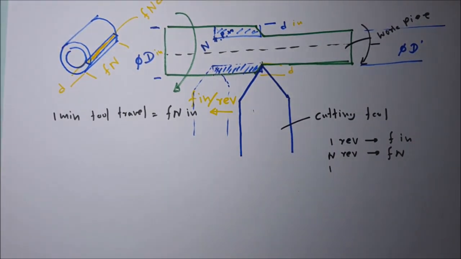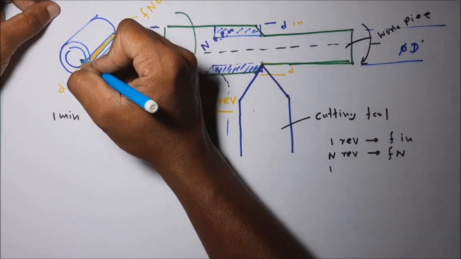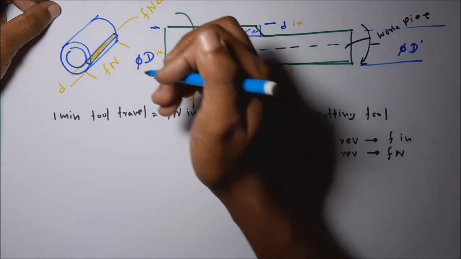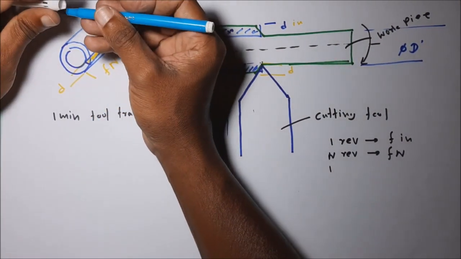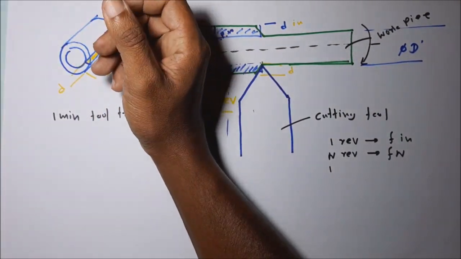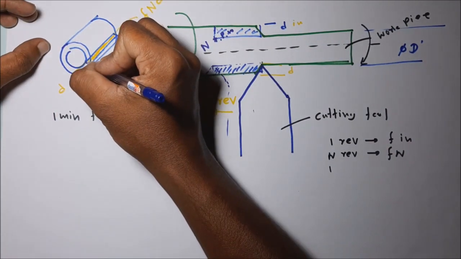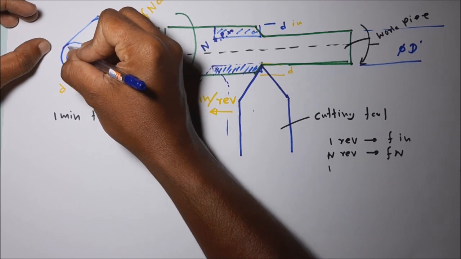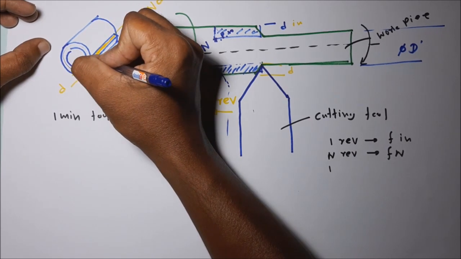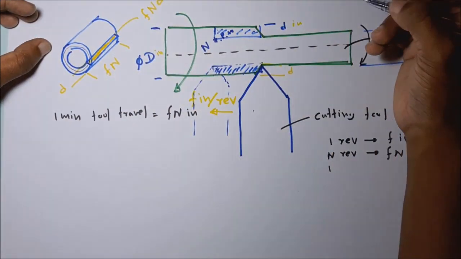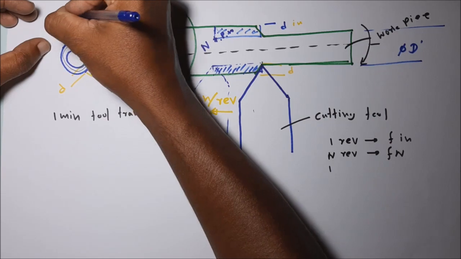So then how to find the total volume? We have to use the Pappus theorem. I think you may have heard the Pappus theorem in maths. To find the volume, we are using the Pappus theorem. So what is the circumferential length? It is equal to pi into D, no?